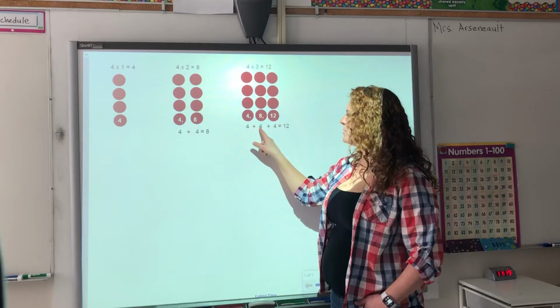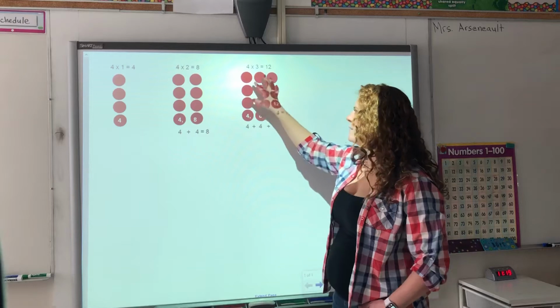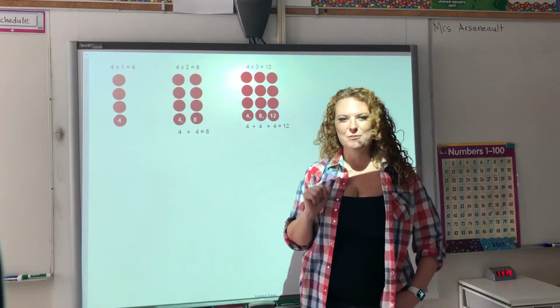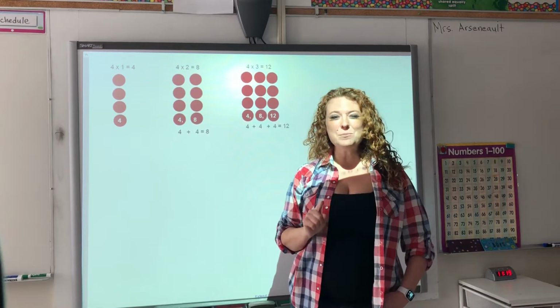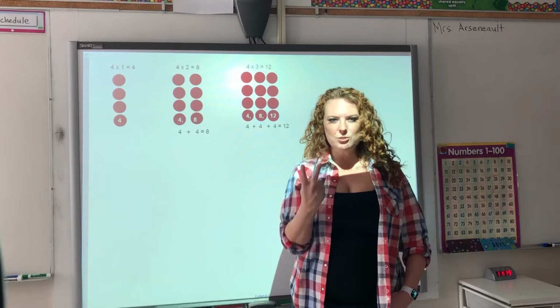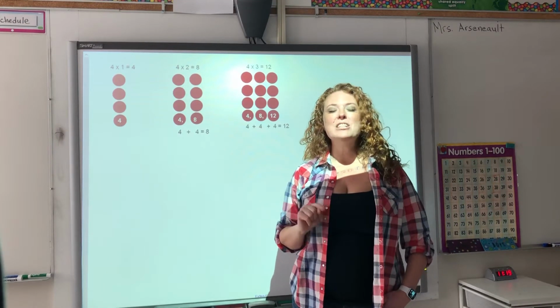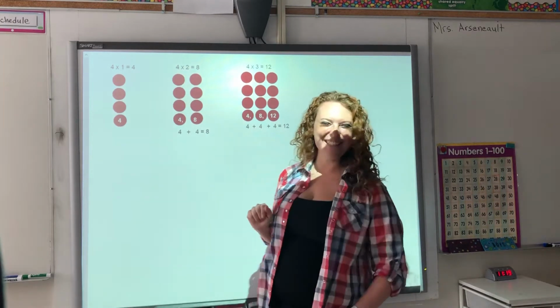I also know that 4 plus 4 is 8, and 8 plus 4 is 12, and I can do it either way. Or I already have this one memorized from last week when we did our factors of 3. 3 times 4 is 12. Commutative property tells me that I can switch those 2 factors around and it still equals the same thing. 4 times 3 is 12, just the same as 3 times 4 is 12, and you already have that one memorized. Easy peasy, let's keep going.